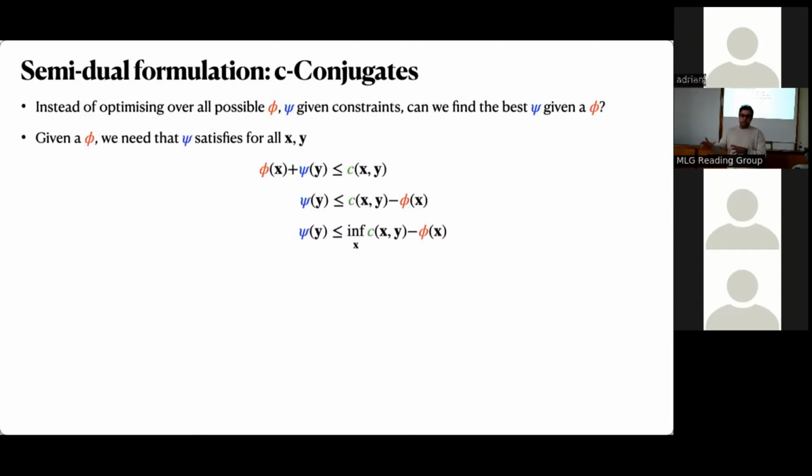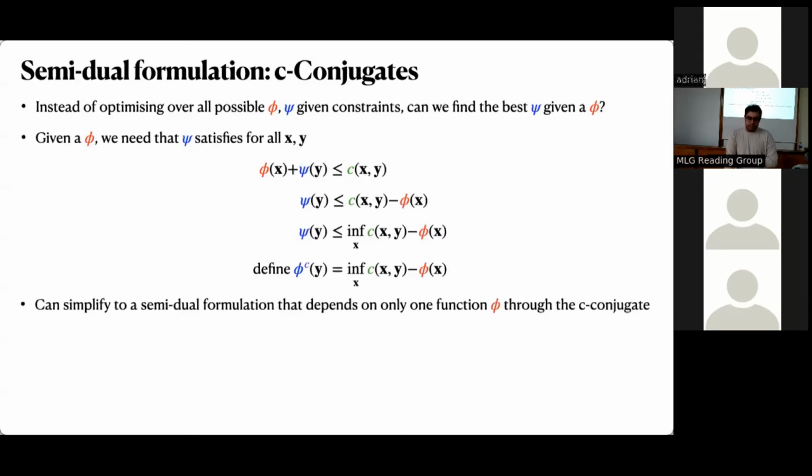So the smallest value that the RHS can take for any given x, you call that the C conjugate of phi. This turns out to be the best possible function psi that you can get given a phi, and that makes sense because this is the most constrained form that psi can take given a family phi. It would be the infimum of the RHS over here.